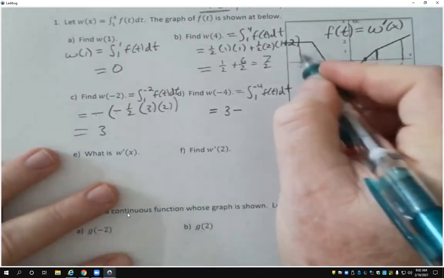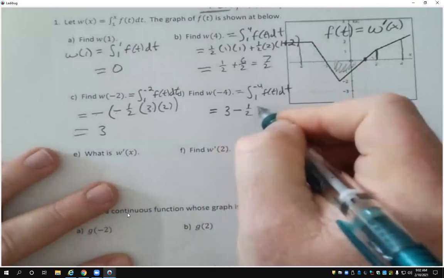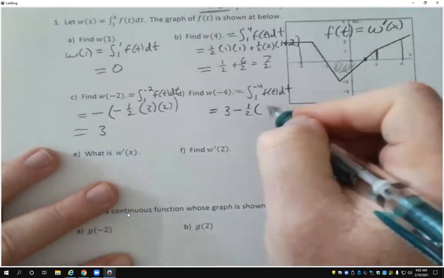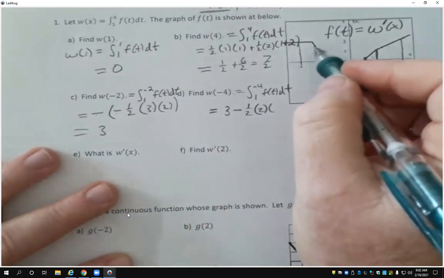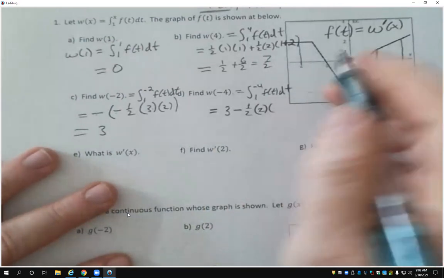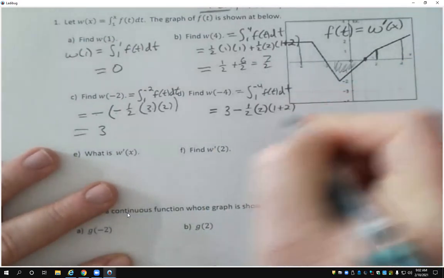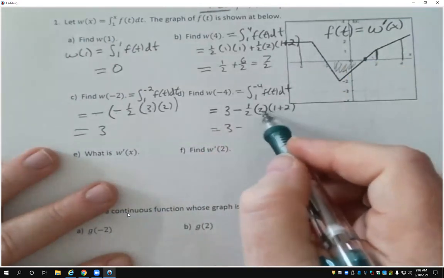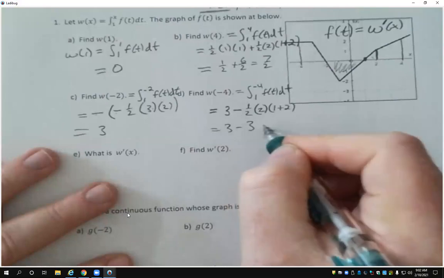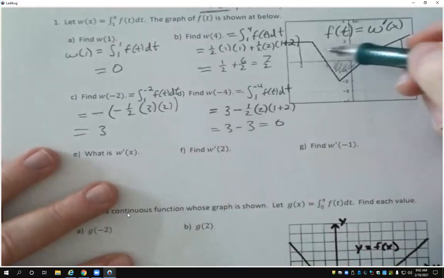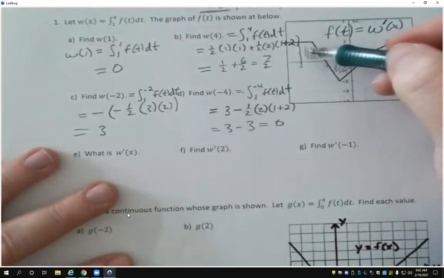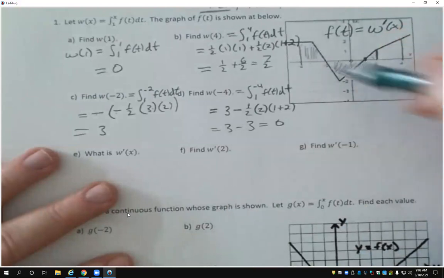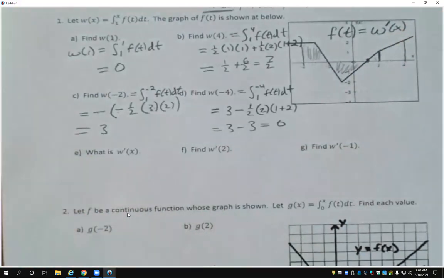The area of this trapezoid is 1/2, the height is 2, and the bases are 1 and 2. So we get 3 minus 3, and we end up with 0. These two areas are exactly the same, and they cancel each other out and give us a total of 0.